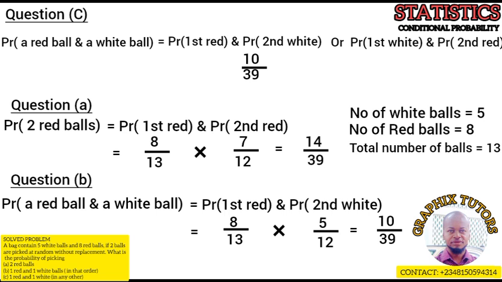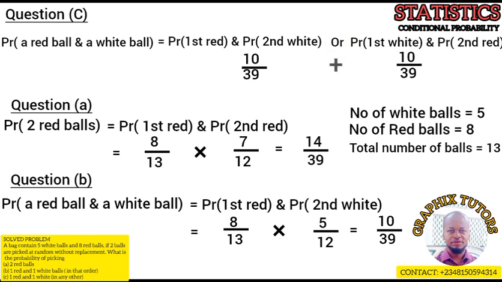And we know that it is multiplication because we have "and" in between them. So multiplication is commutative. You can move them, change their position, nothing changes. So I'm having red and white, which is 10 over 39. Similarly, white and red will also give us the same 10 over 39. Right? So since we're using the word or here, it means you're going to add.